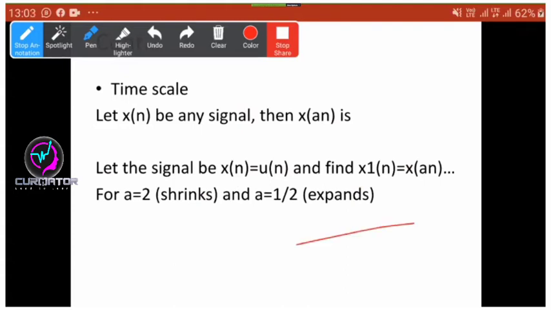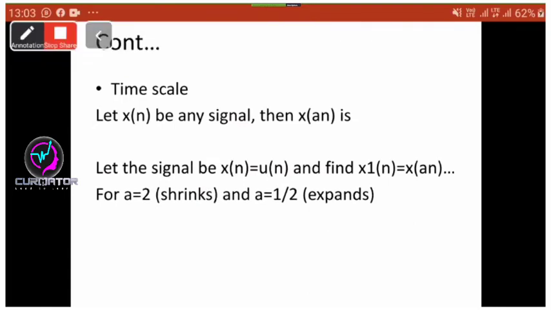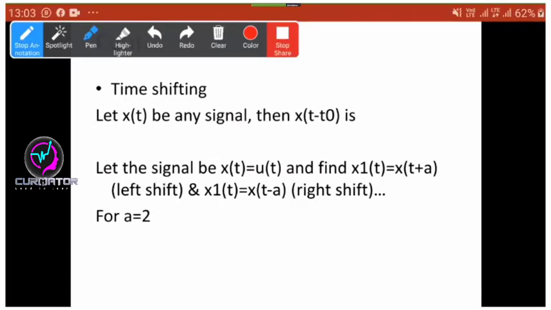Let us go to next topic, that is time shifting.